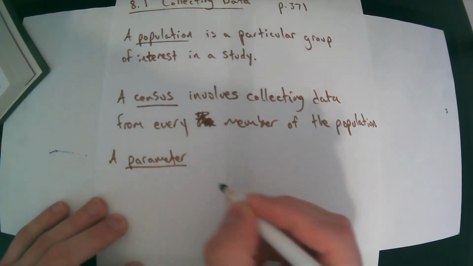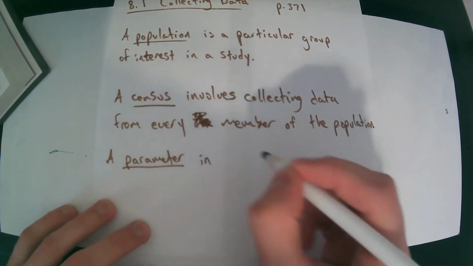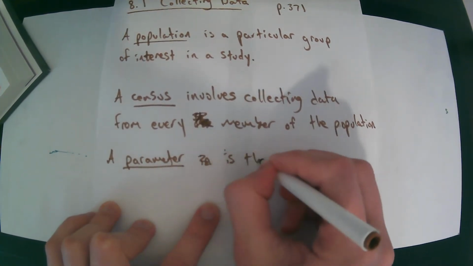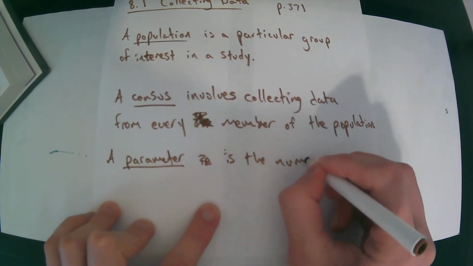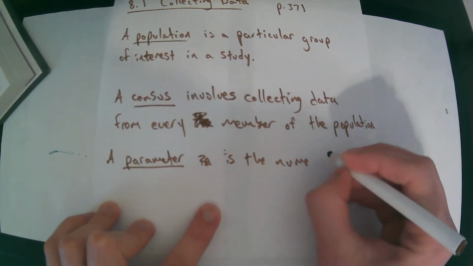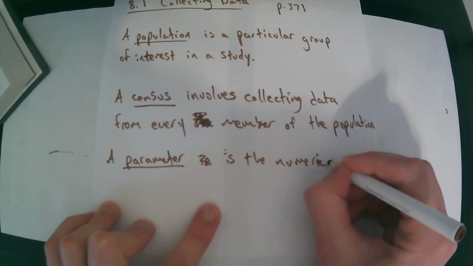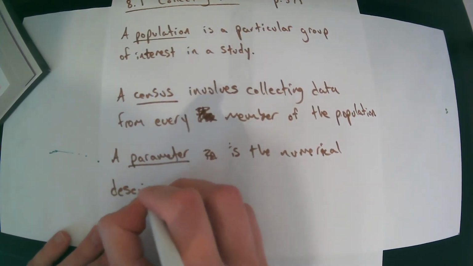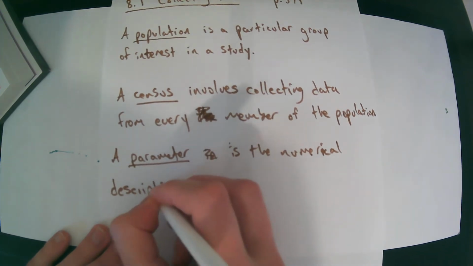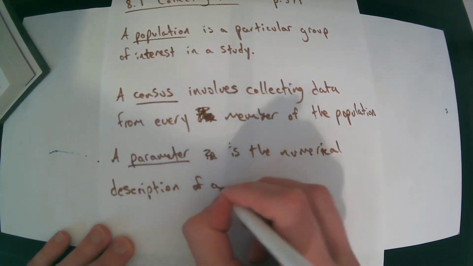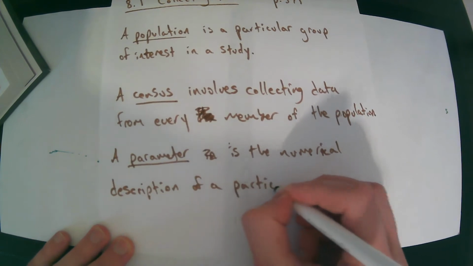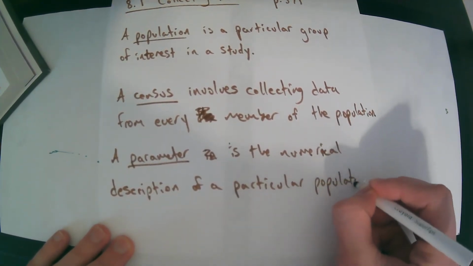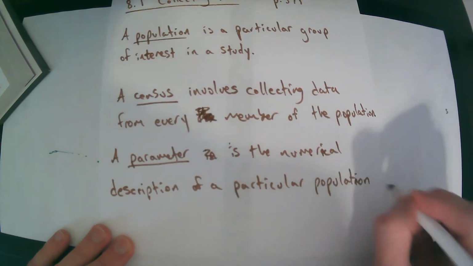A parameter is just some measure of the data. It could be all sorts of things. It's some numerical measure or description. It is the numerical description of a particular population characteristic.